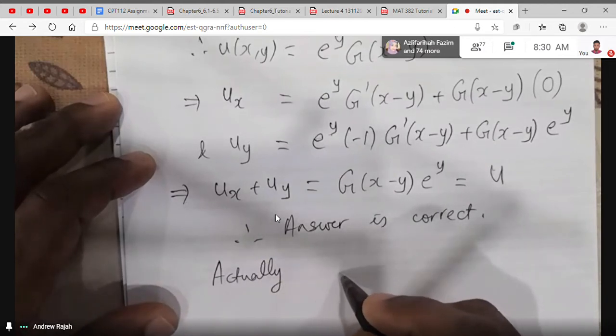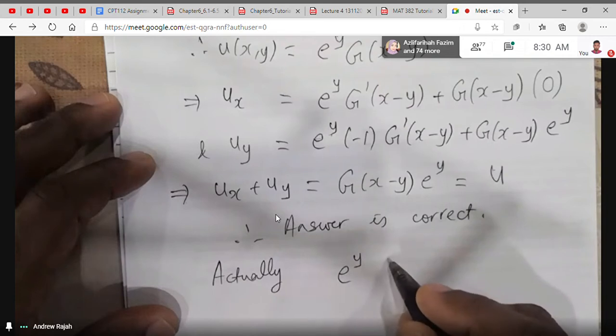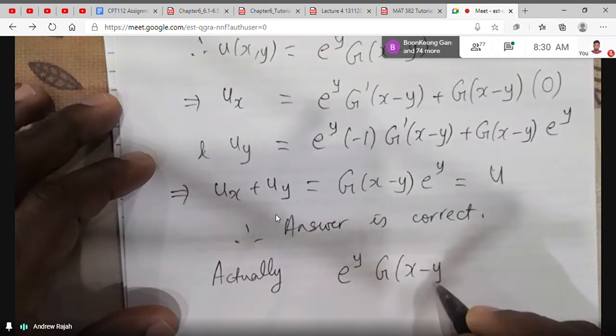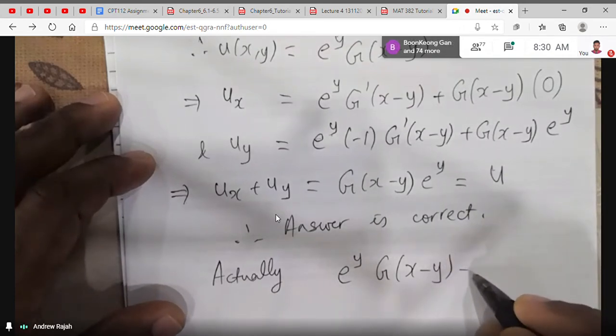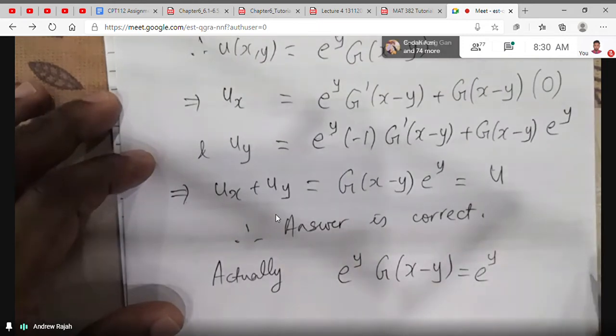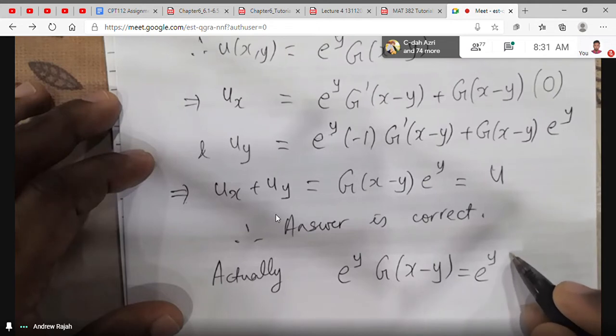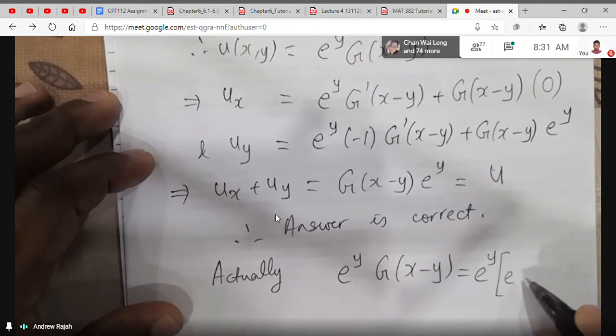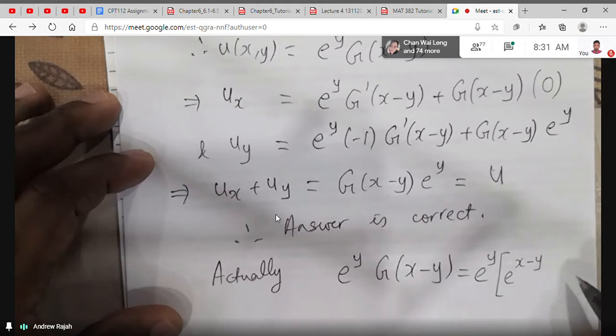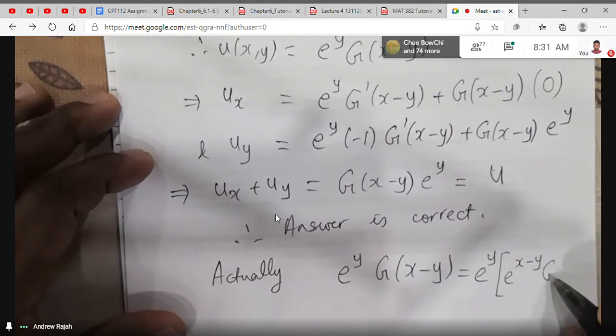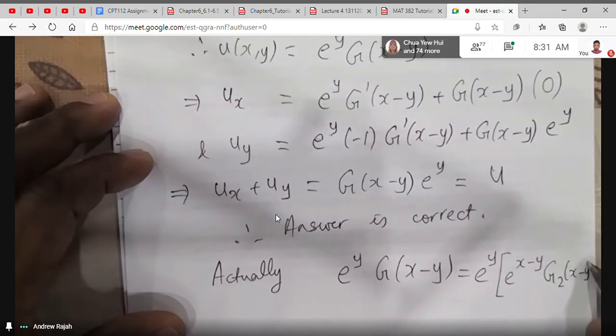So we can show that actually g of x minus y is equal to e to the power of y times by e to the power of x minus y, times g2 of x minus y.